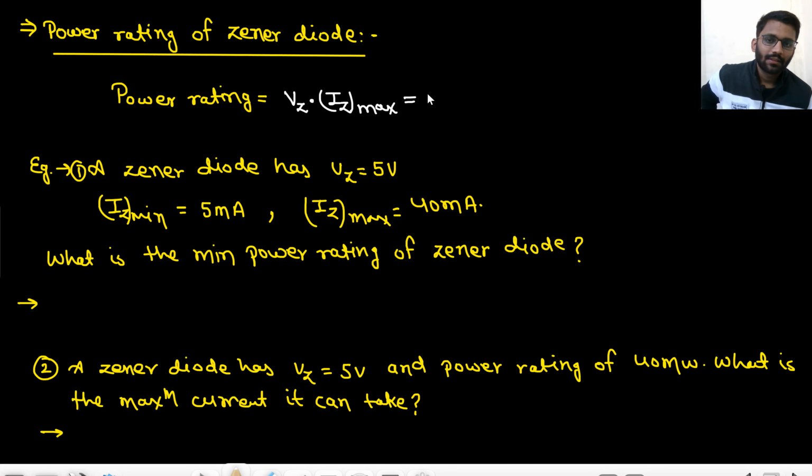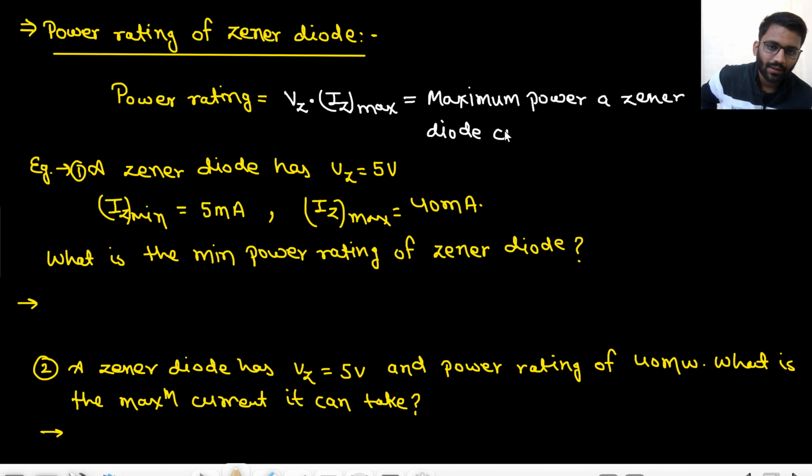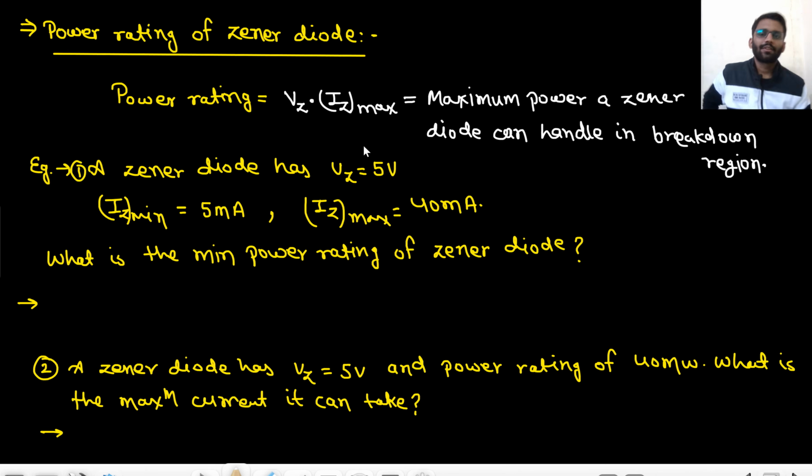That means the maximum power a Zener diode can handle in the breakdown region. This is the definition of power rating. That means this is the maximum power it can take.